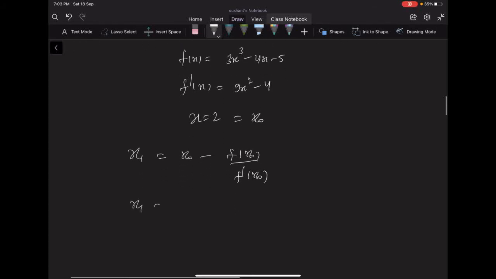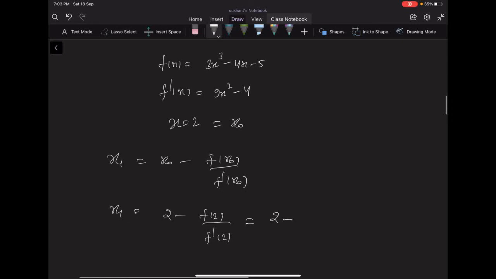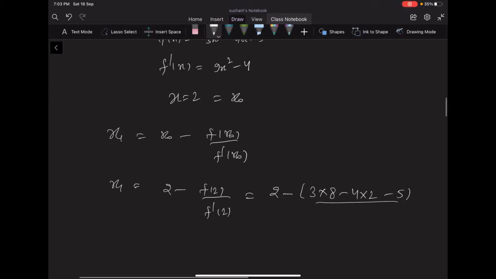So we will simply put the value of x0. x0 is 2 minus f(2) upon f'(2). 2 minus, and f(2) is 3 cube of 2, which is 8, minus 4 into 2 minus 5, upon 9 into 2 square is 4, minus 4.